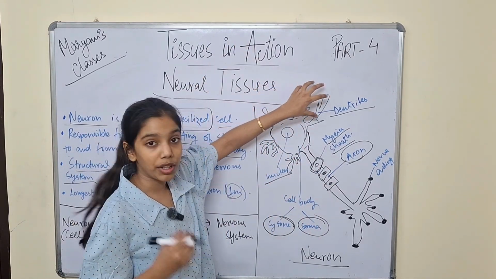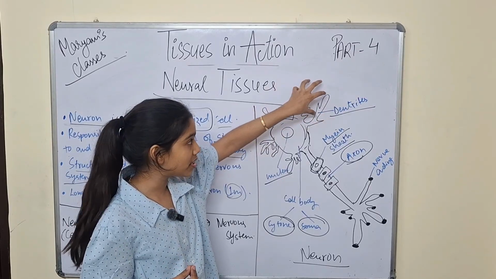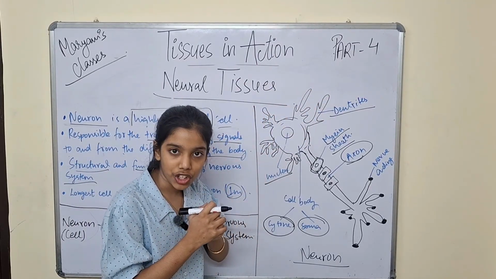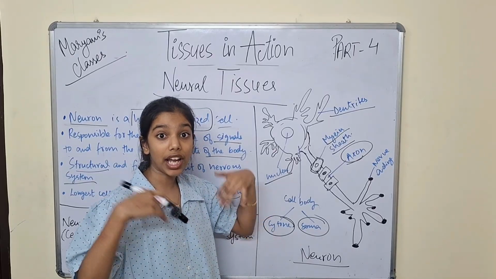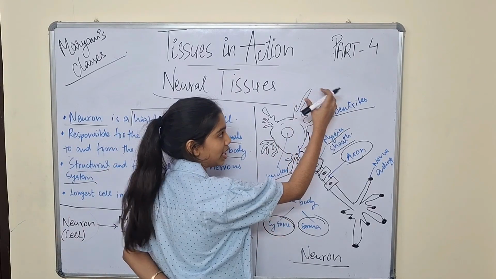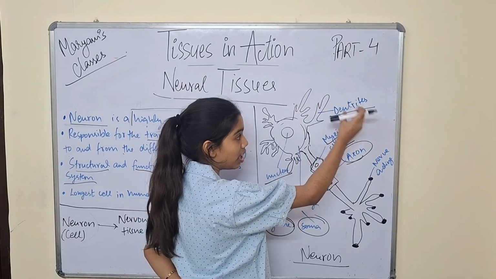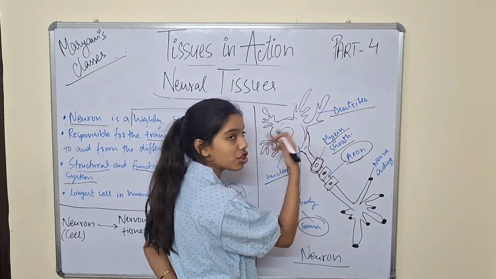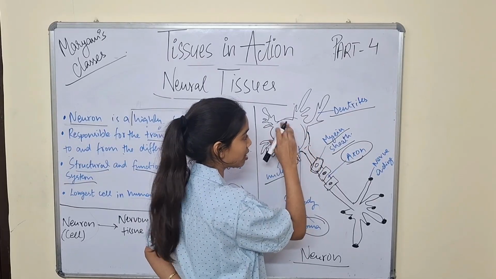What is the work of these dendrites? They only collect the information, the messages or the signals from the other neuron cell to itself. Now the signal is over here on the dendrites. Now this dendrite passes it to the cell body, meaning cyton or soma.